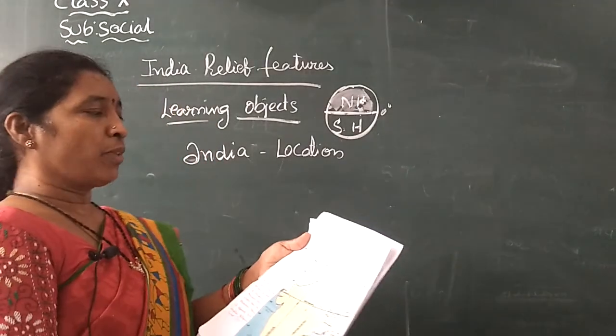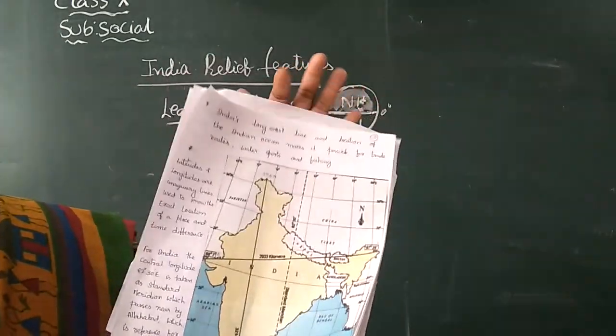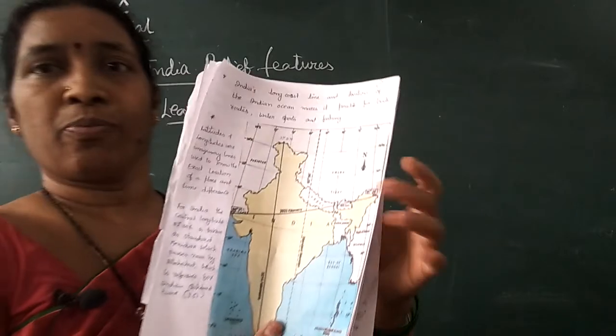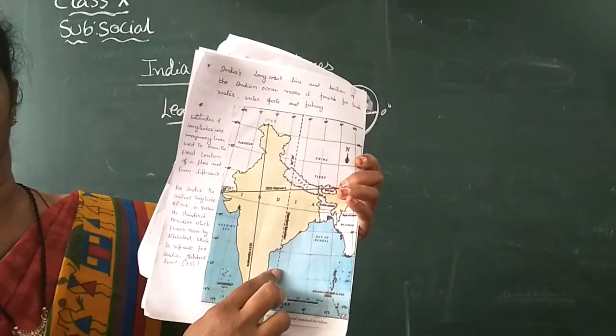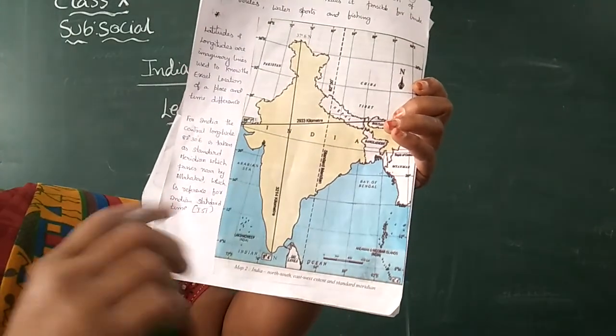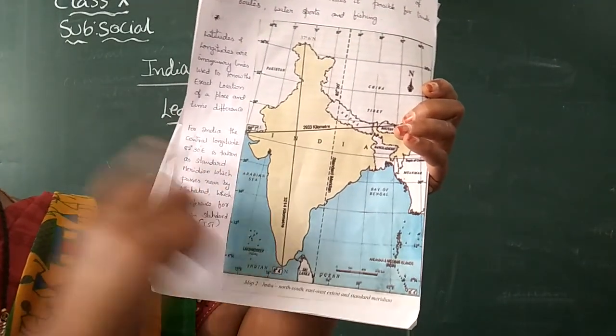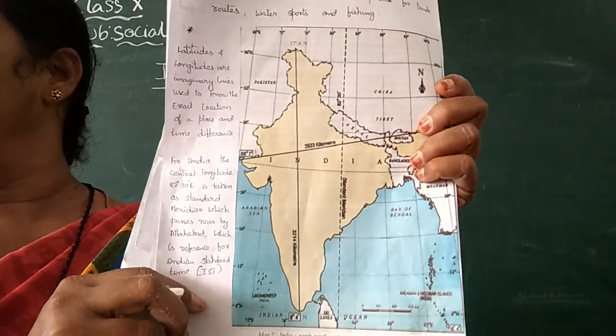Next we go to India's coastal line. We are talking about longitudes and latitudes. India has a long coastal line. We often call India a peninsular country. How? What is meant by peninsula?